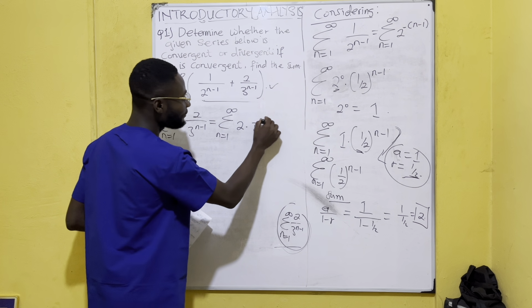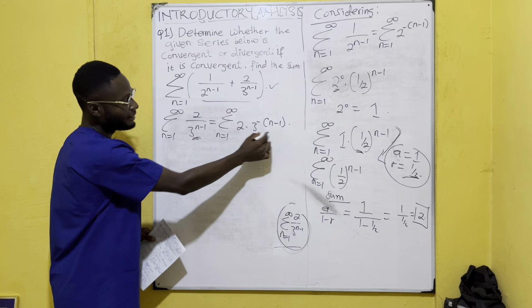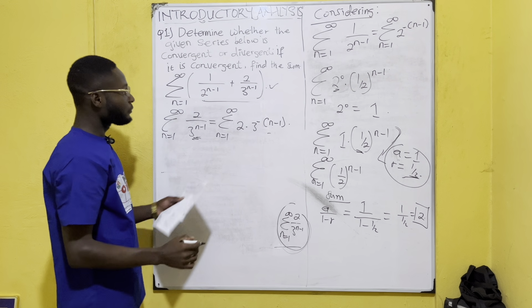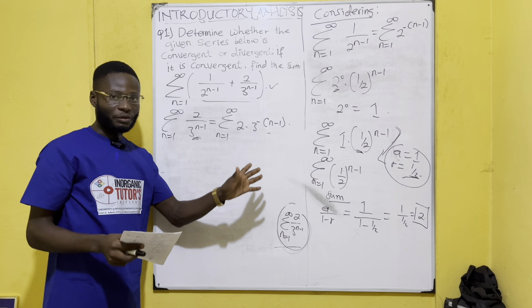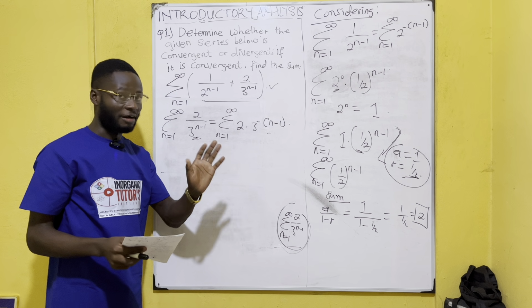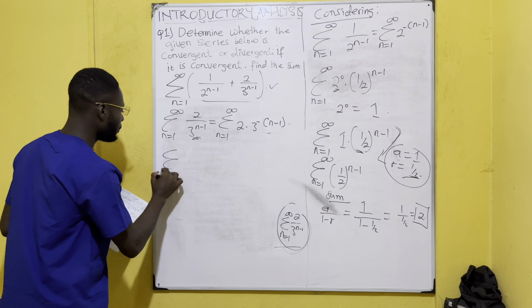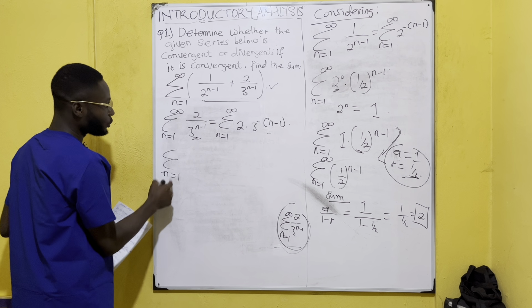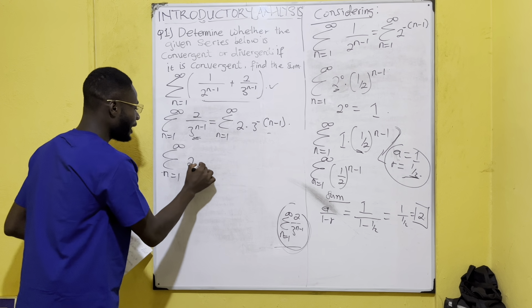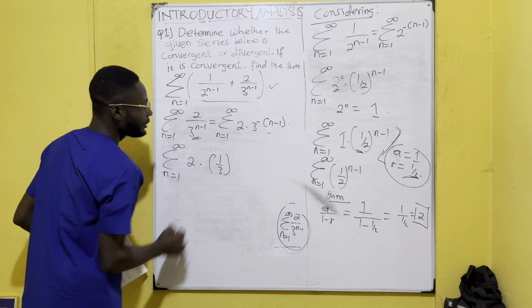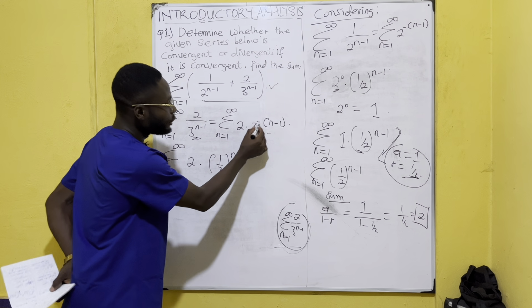So this right here is the same as this. Once we have expressed it this way, we have no problem again. We can equally say that this is equal to the summation from n equals 1 to infinity of 2 times 1 over 3 to the power n minus 1.